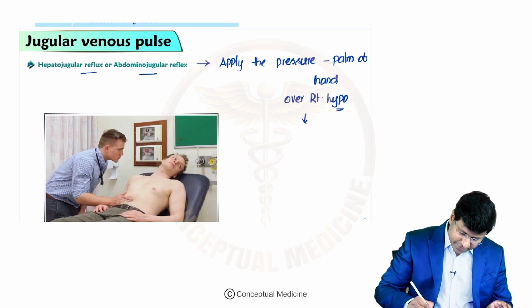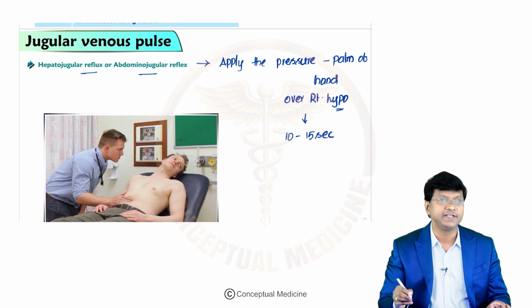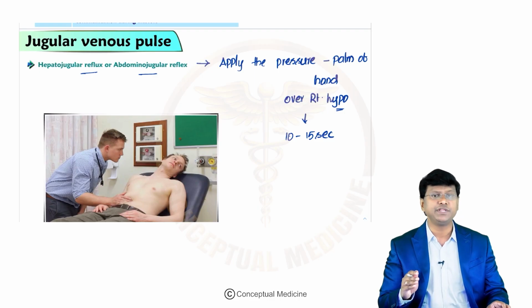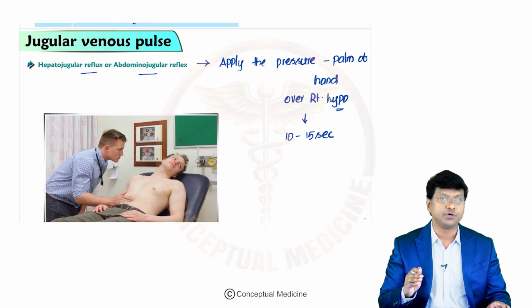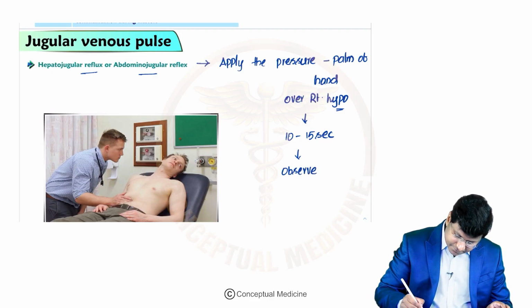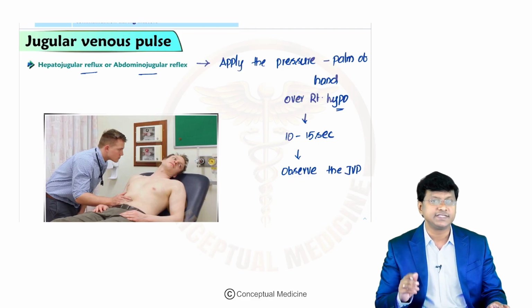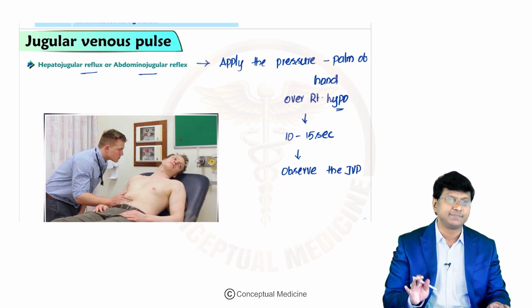For how much time do you have to apply the pressure? You have to apply the pressure for nearly 10 to 15 seconds, and then you need to observe the JVP. The jugular vein is then observed.